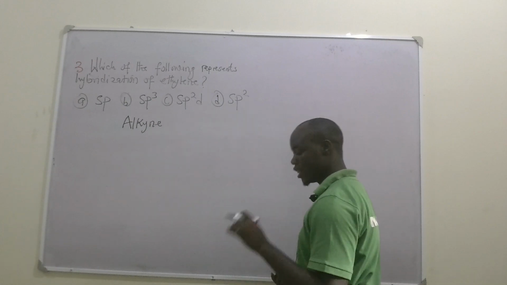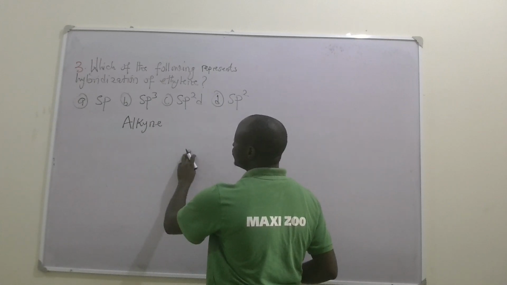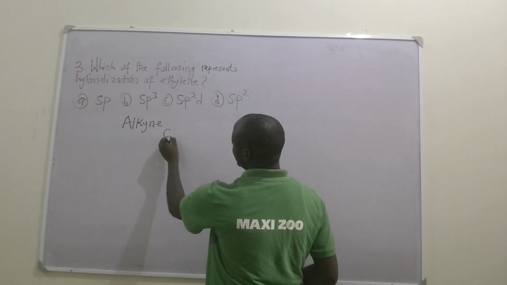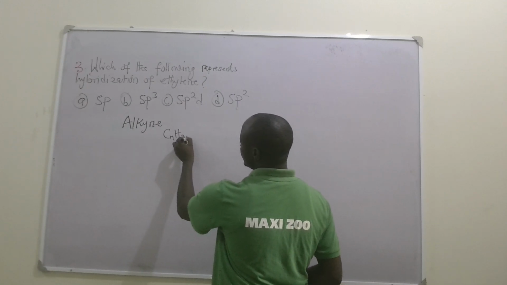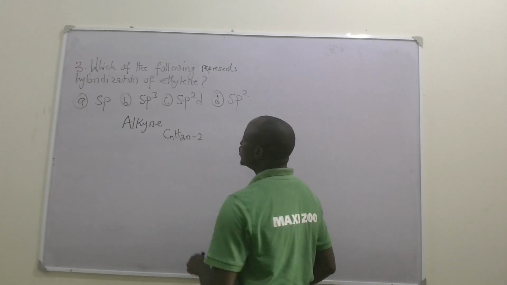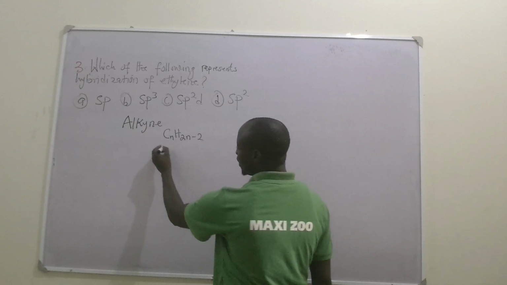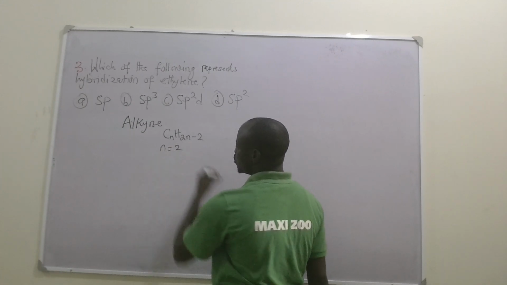Of course, when we say ethylene has an alkyne functional group, we know that the alkyne functional group has a general formula of CnH2n minus 2. Ethylene, from the word ethene, means that n equals 2.